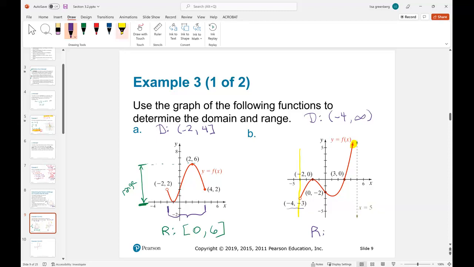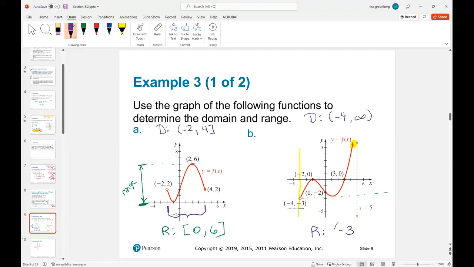well, let's find the lowest value. So the smallest my number can be, it looks like right here, is -3. And again, it's going to infinity. So my range here would be from -3, because it's my y values.